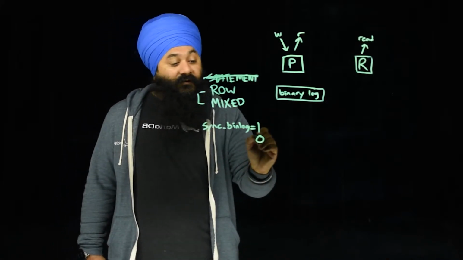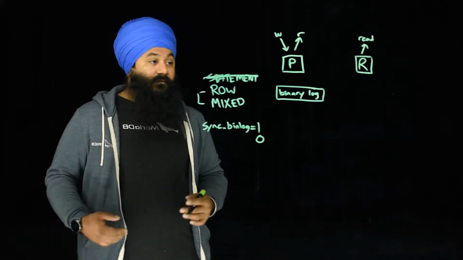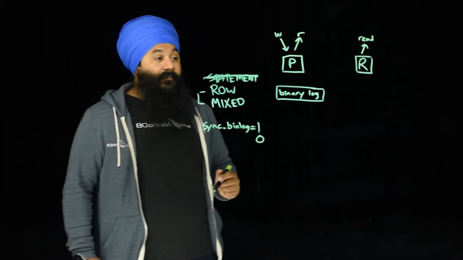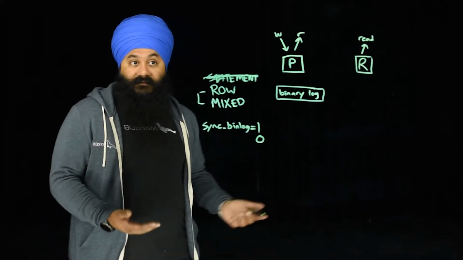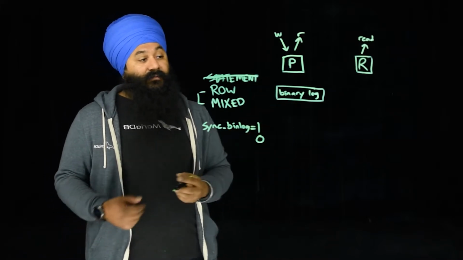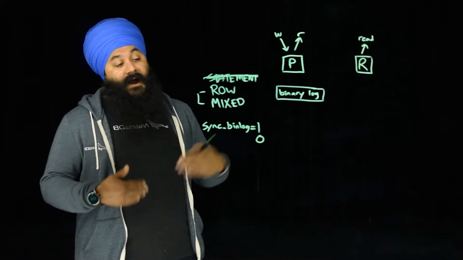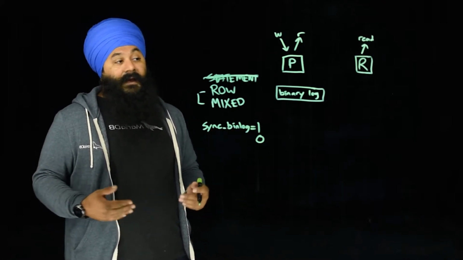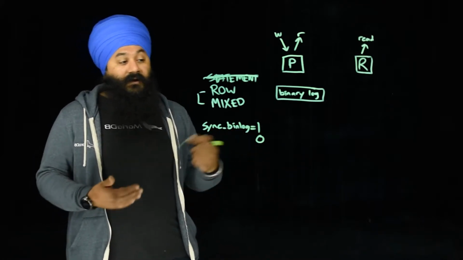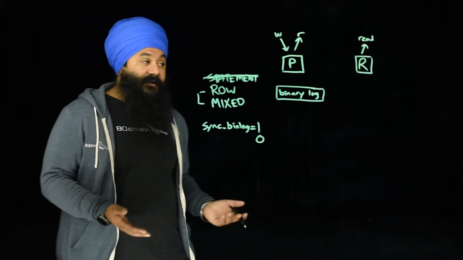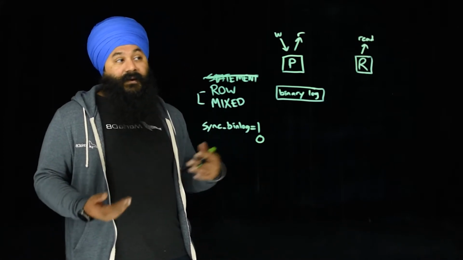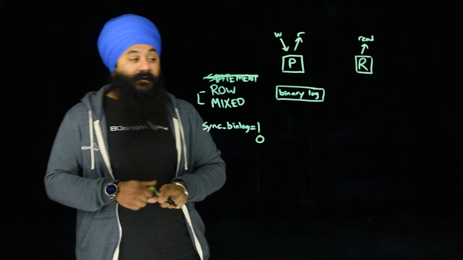The other options are 0, which means it will write whenever the binary log flushes to disk. It will get committed and persist on that binary log on disk. And then you could have a higher number than 1, which means every n number of transactions, so every 100 transactions or every 1,000 transactions.